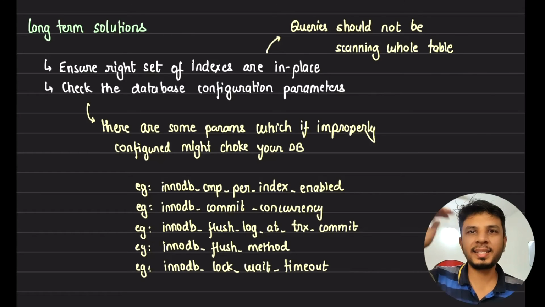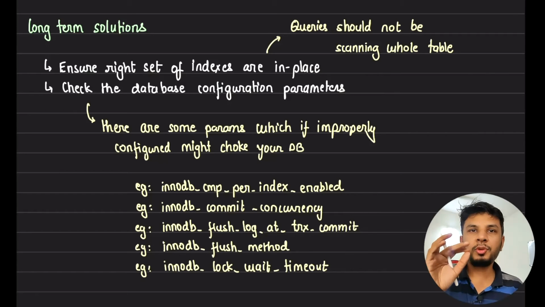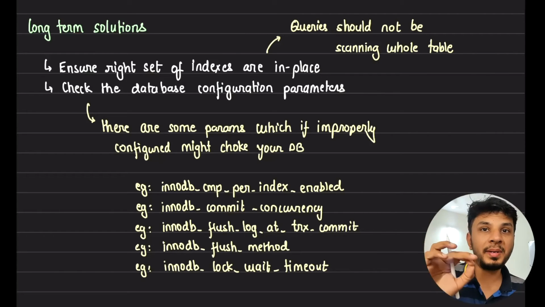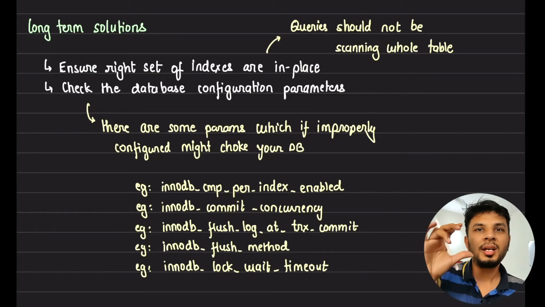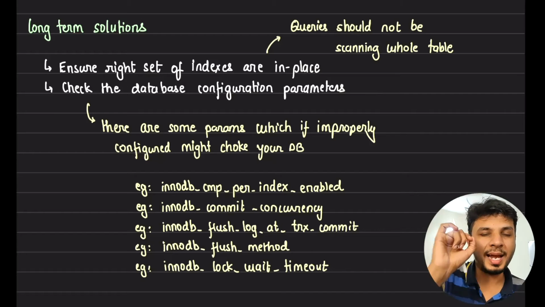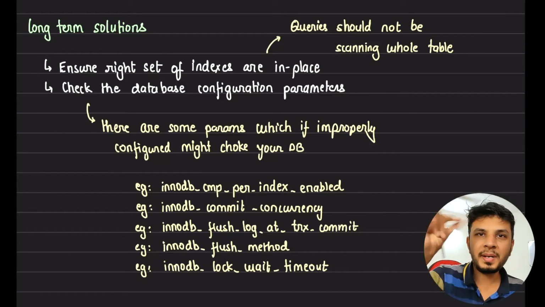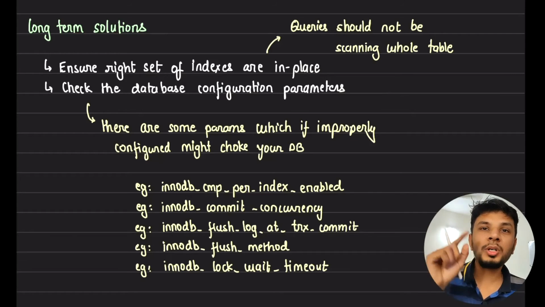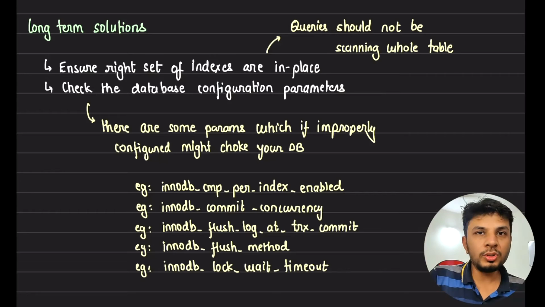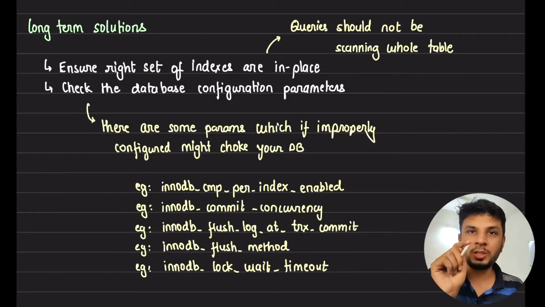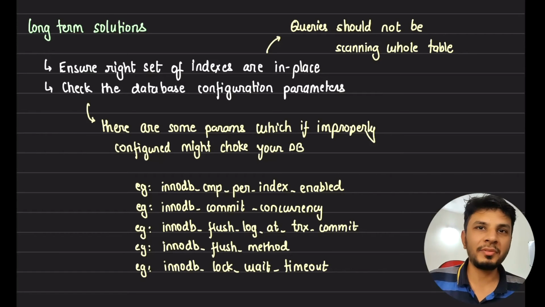There are settings like 0, 1 and 2, but what it says is whether you want to synchronously flush the commit log that was just made onto your database, onto the disk. So the commit happened onto the database. Do you want to immediately flush the commit onto the disk? If you do so, then every commit that happens onto the database requires a disk write, because it is immediately flushing there.